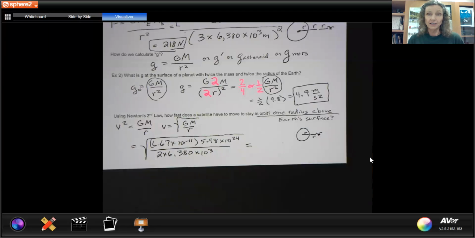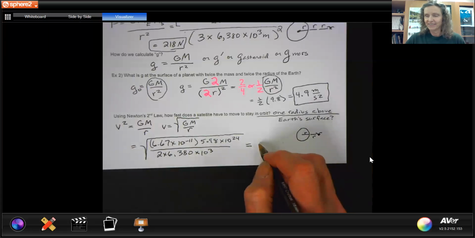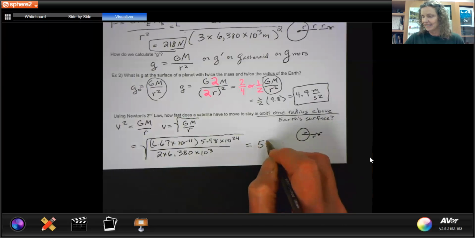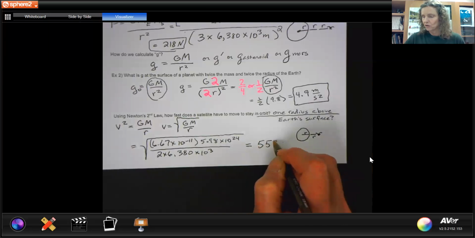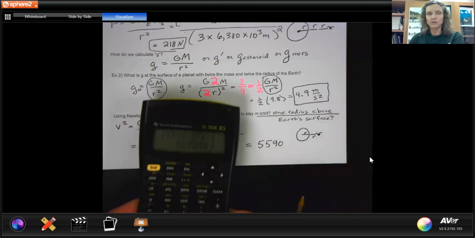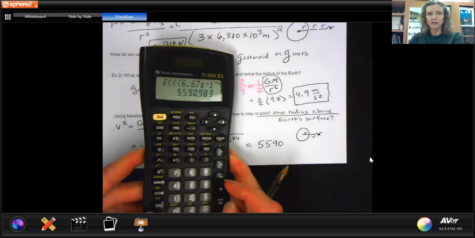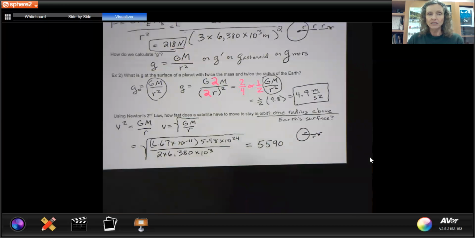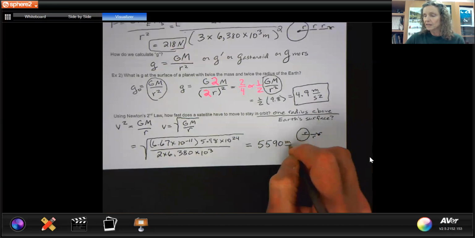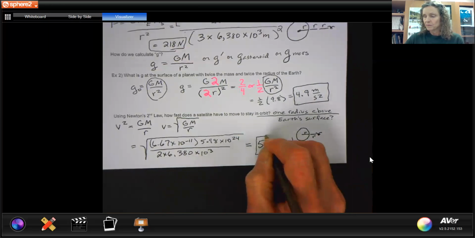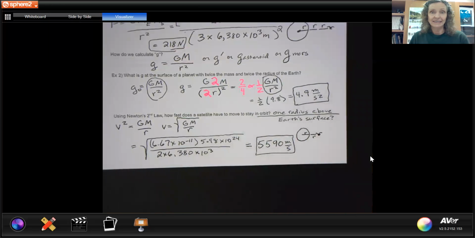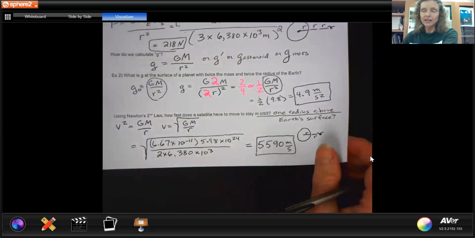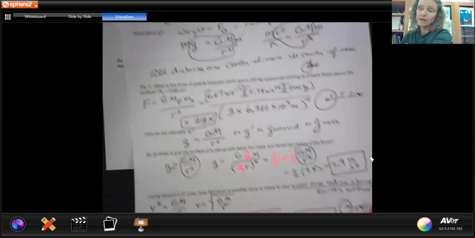I often find it's a good idea to do these things twice because so many times people make typing errors. You done? This is what I got, 5,590. I'm going to call that 3 significant figures. Okay, so that's why I'm rounding it that way. So 5,590, and because I did everything with standard units, and that's going to be a velocity, it's going to be meters per second. All right, good deal. If you didn't do that, try it again in your calculator. You got to work on your calculator skills, maybe.